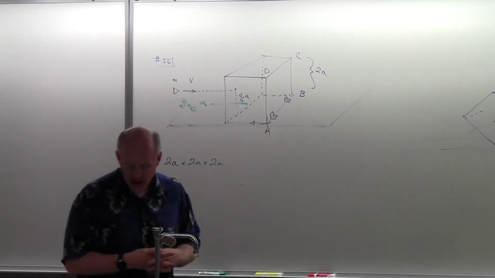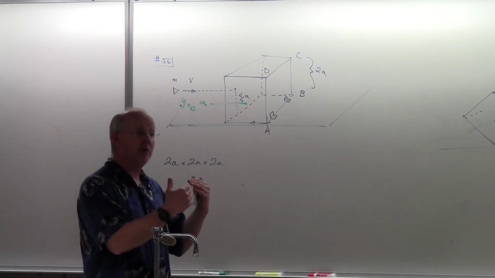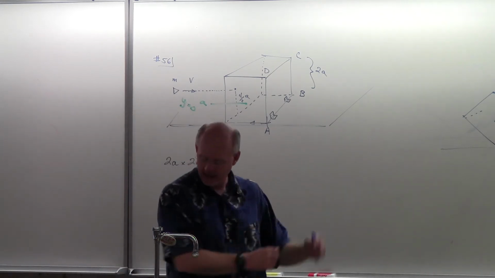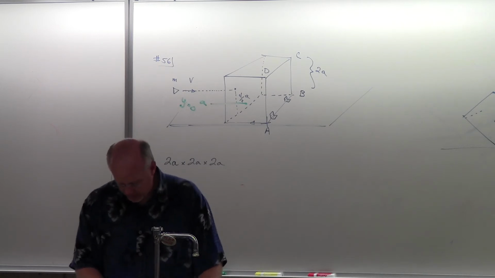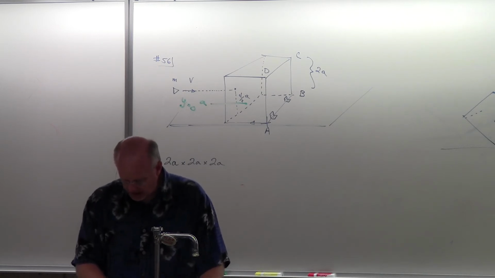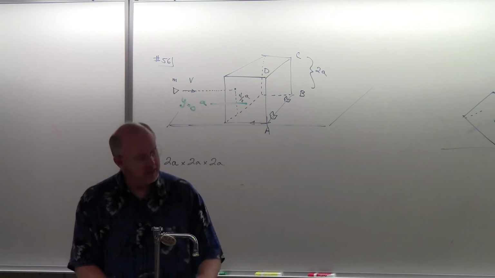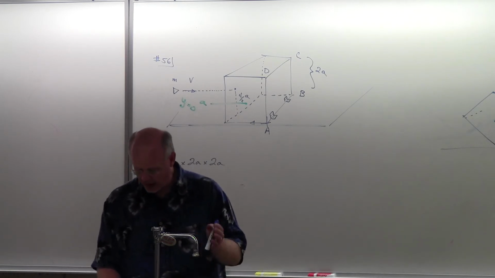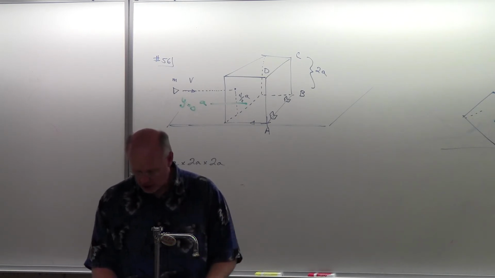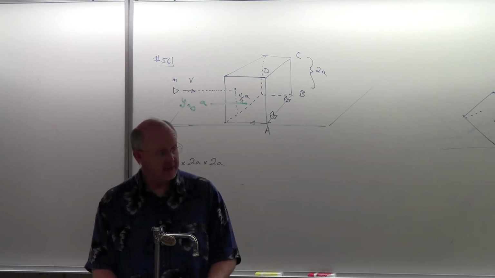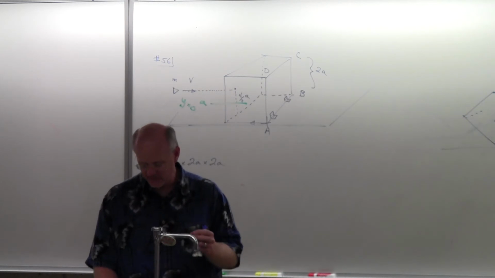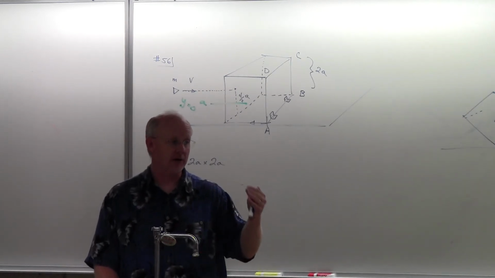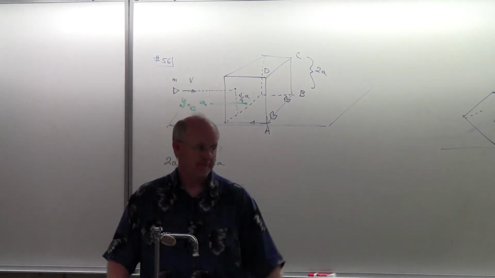I don't know if I verbally said this. And of course, then it would also depend where the bullet is embedded. But they do say this statement here, and I don't know if I read it this far. Let's see, it says, the bullet becomes embedded in the cube. Find the minimum value V required to tip the cube so that it falls on the face A, B, C, D. Also, assume that the mass of the bullet is much, much smaller than the mass of the cube.